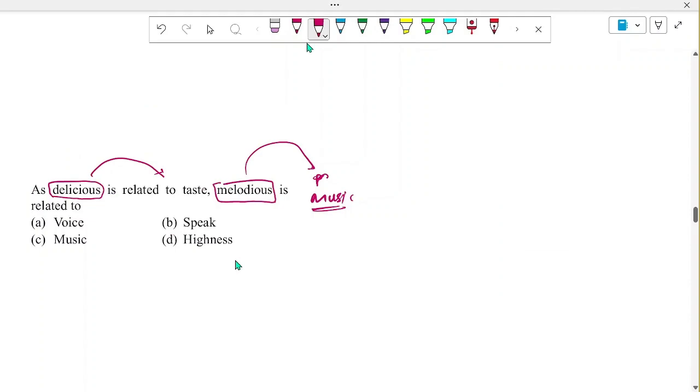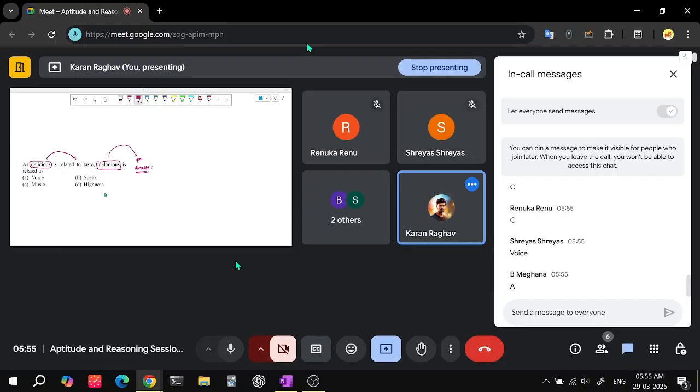For music, what word will we use? What is the word that we'll use for music? Can anyone tell me what is the word used for music? Anyone?